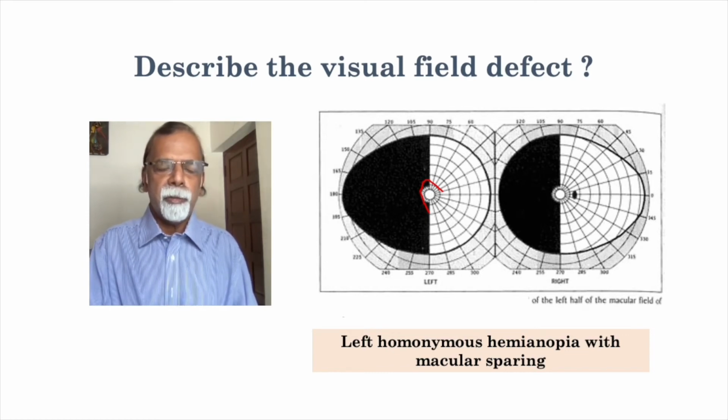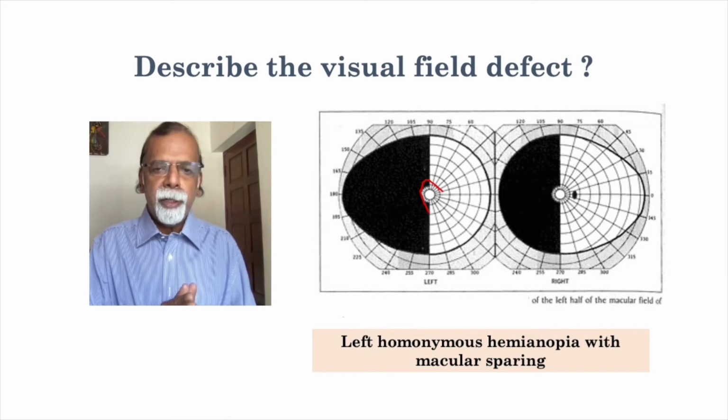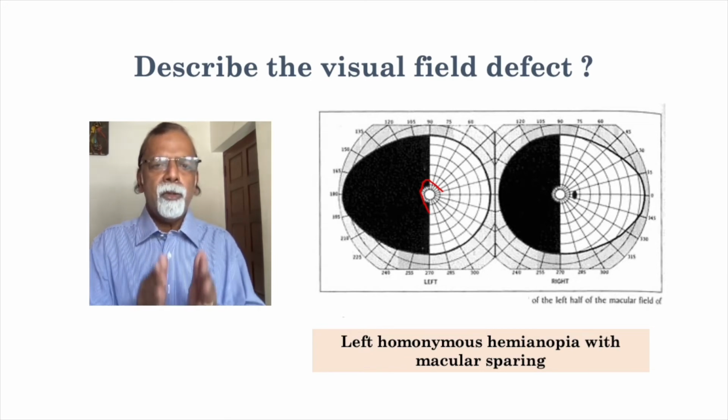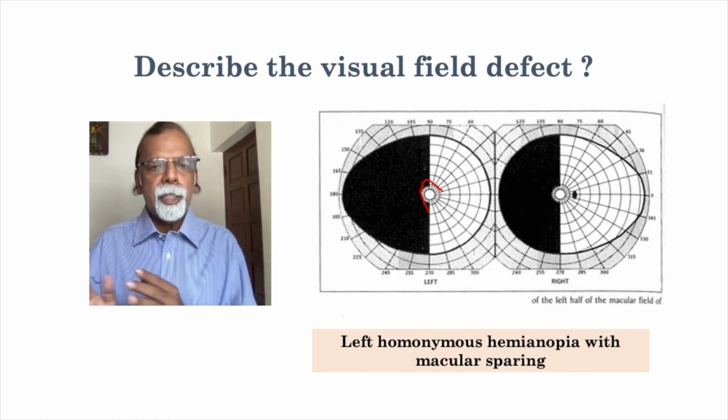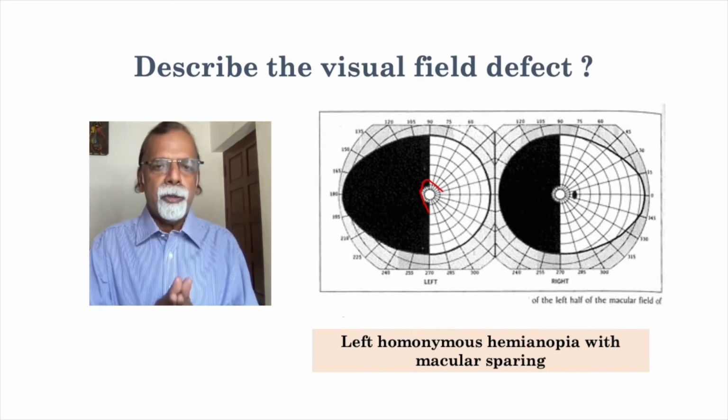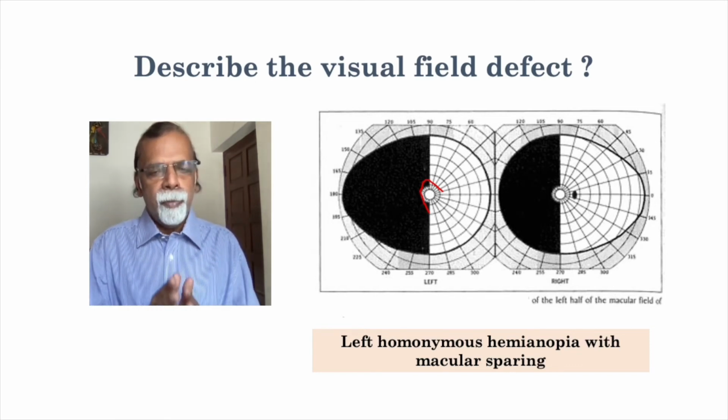The macular region is spared, so it is called a macular sparing homonymous hemianopia, and it is almost the same size, so it is called a congruous type. So the one point you remember is that as the lesion becomes more posterior, the lesion is congruous. So you can take the converse. If you get a congruous type of hemianopia, it indicates an occipital lobe lesion.